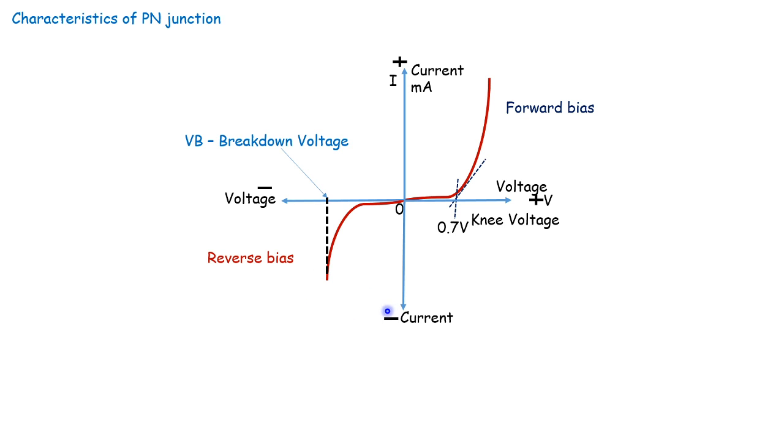This current is always in microampere, very less current passing through a PN junction. So these are the characteristics of the PN junction in forward bias and in reverse bias. Reverse bias characteristics we always plot in the third quadrant because current and voltage both are negative.